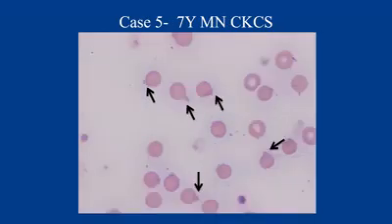Here are some more examples of the Heinz bodies. That one's really nice; you can see this knob-like projection. Here's one right here. So lots of Heinz bodies. Here's another ghost cell, a little rough in shape, with a little Heinz body, and this is a platelet, and that is a platelet.